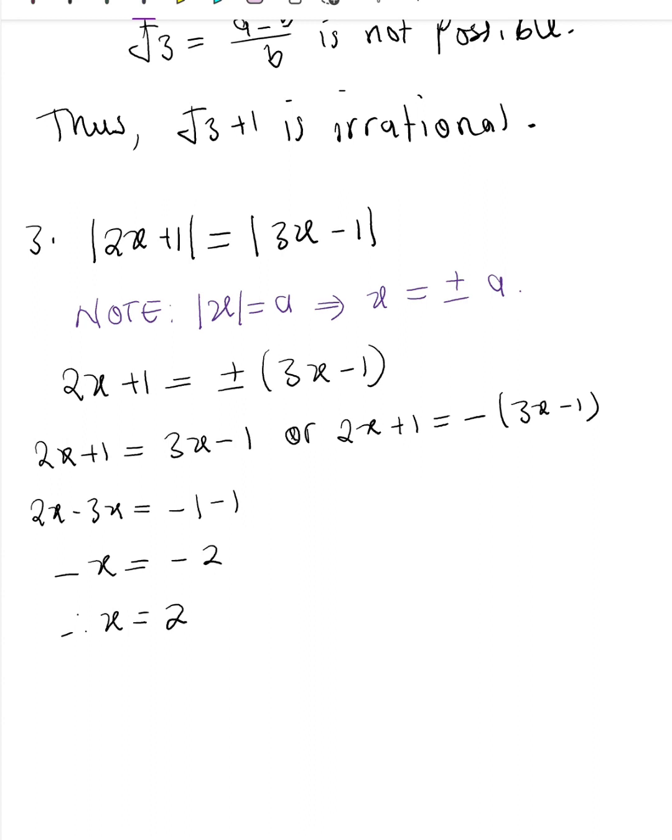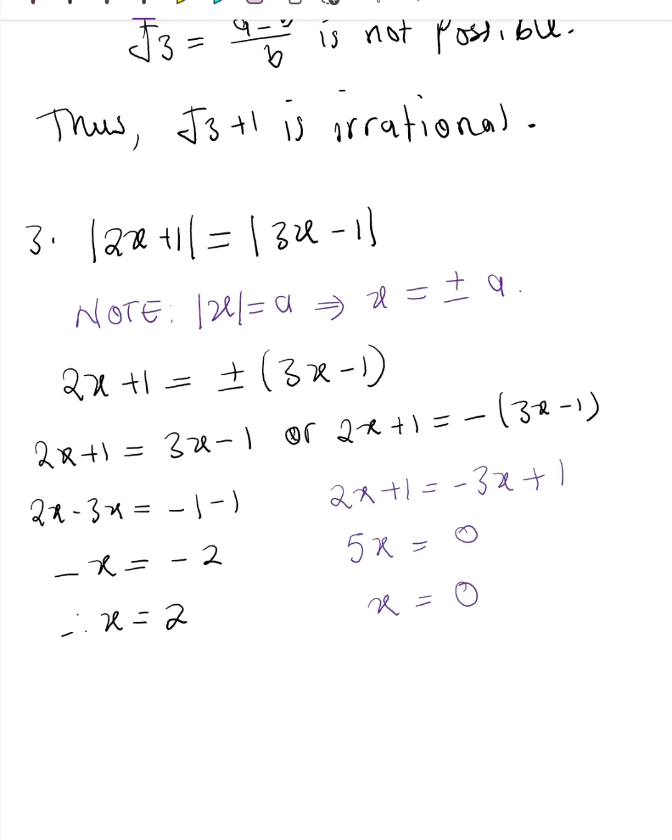On the right side, you have 2x plus 1 is equal to negative 3x plus 1. I add 3x both sides. I have 5x is equal to, subtract 1 both sides, we have 0. So that upon dividing throughout by 5, x is equal to 0.